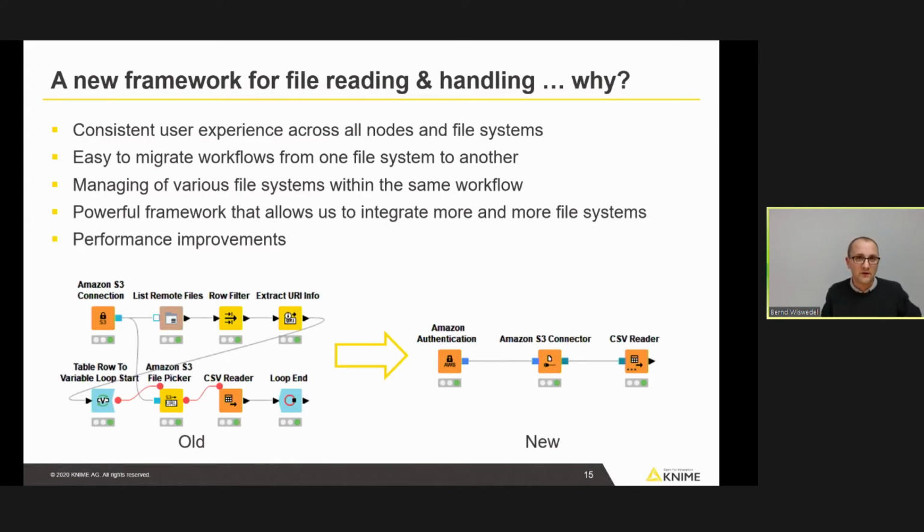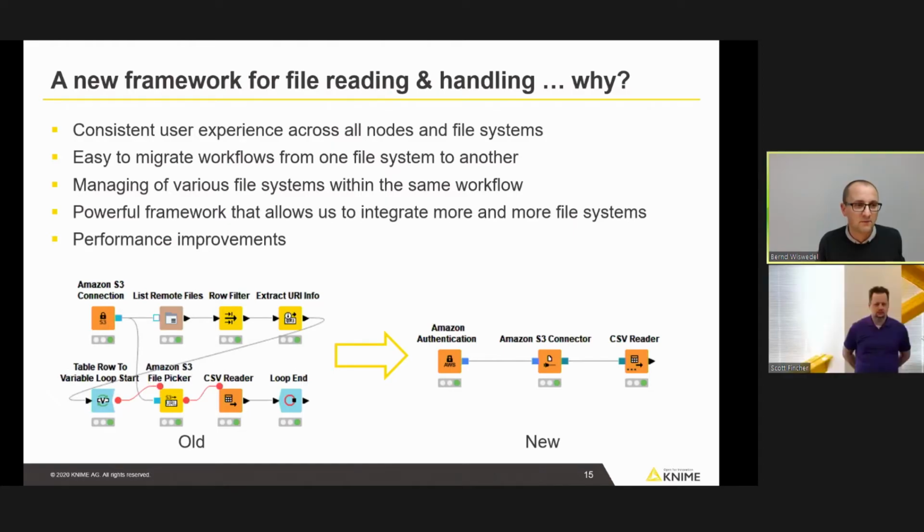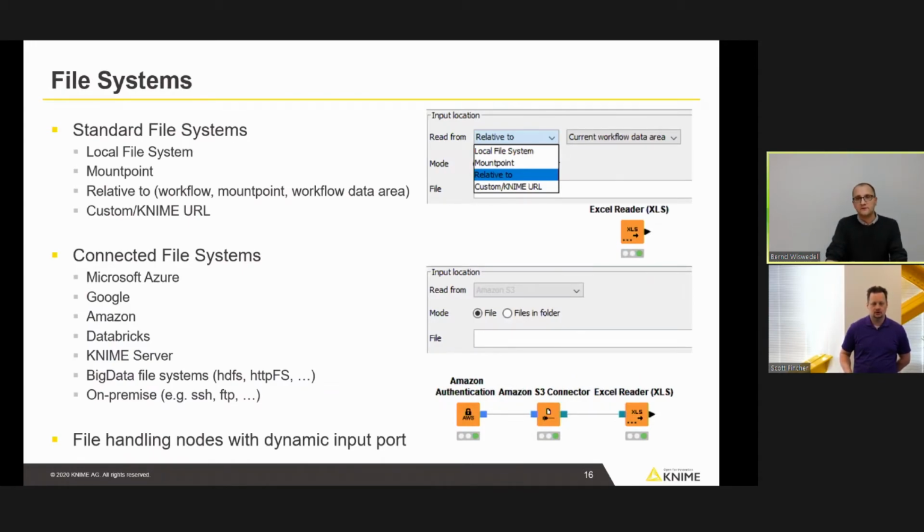And we'd like to have the capability to add more file systems as we go. And last but not least, we also looked at improving some of those nodes to perform quicker, also in conjunction with the existing table framework.